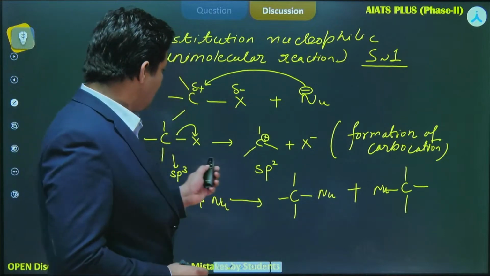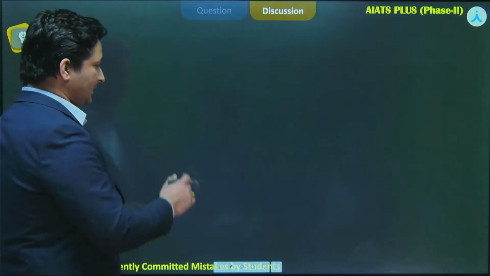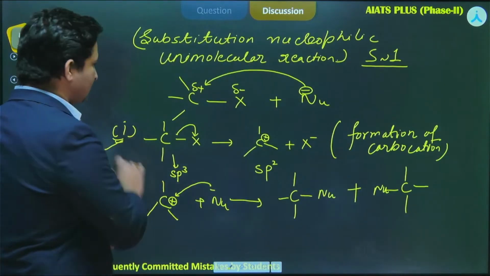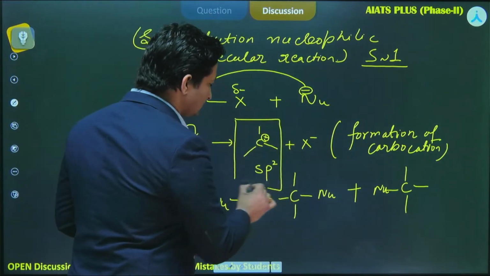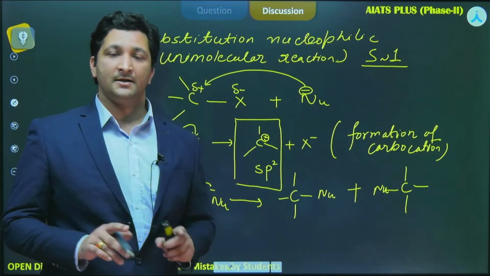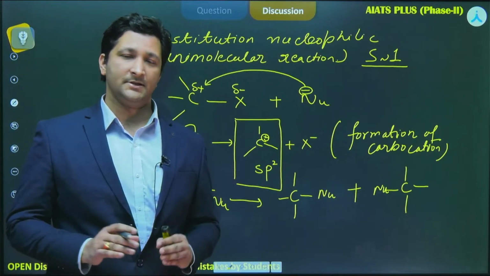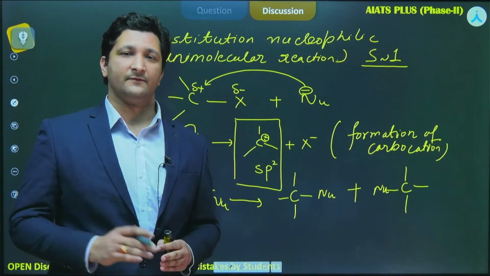So now what will happen here, that we have this rate determining step. First one is there. So the stability of this carbocation actually decides how fast a reaction will follow, a substance will follow the SN1 mechanism.